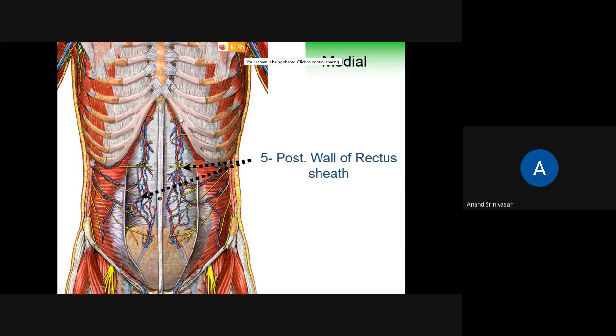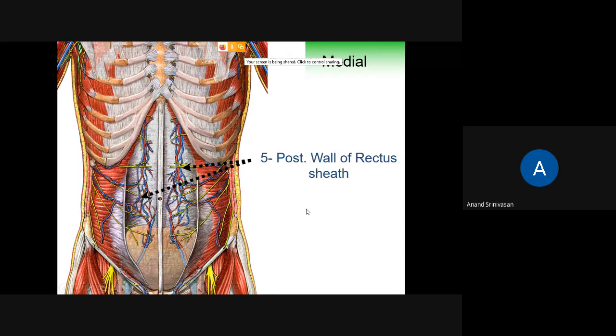If you observe this posterior rectus sheath, it is ending here. It is not extending throughout. So this is the umbilicus, and the pubic symphysis. Just below the umbilicus it extends and afterwards it disappears. The posterior rectus sheath is not seen.